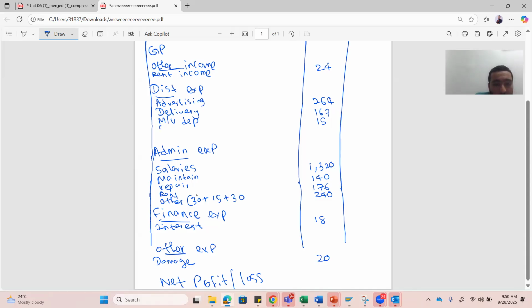Sales commission comes under distribution. 40. Impairment losses comes under distribution. 25. Insurance comes under administration. I don't have enough space, so I'm adding here.